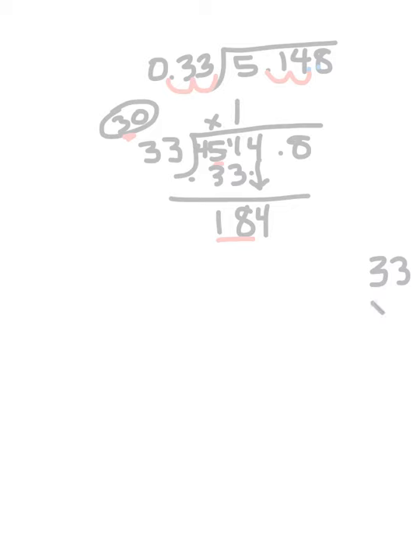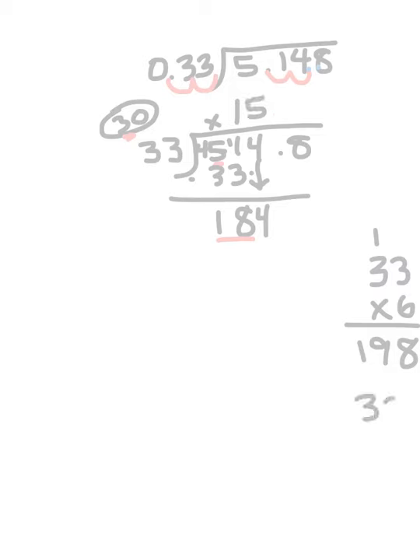When I come off to the side and try to solve 33 times 6, 6 times 3 is 18. I carry a 1. 6 times 3 is 18 plus 1 is 19. That's 198. So hopefully you see that 198 is too big because it's 184 that I'm going into. So 6 is too big, which means I'm going to go into it 5 times.